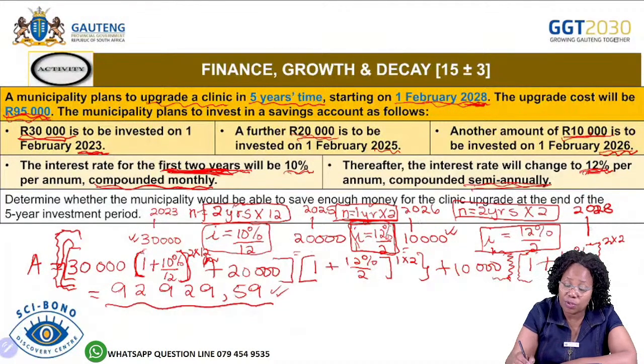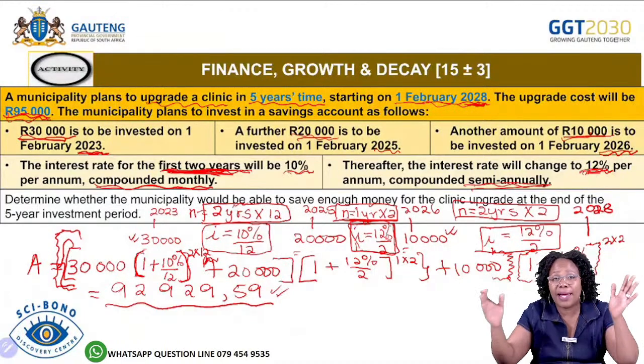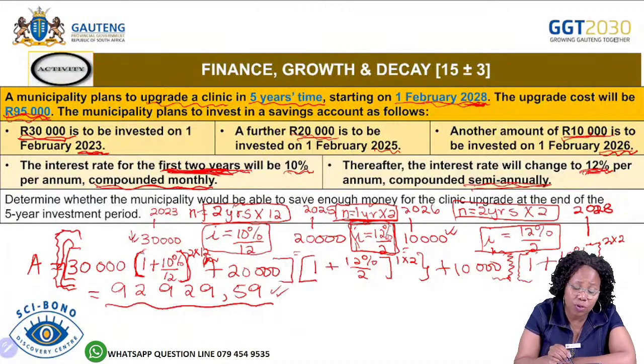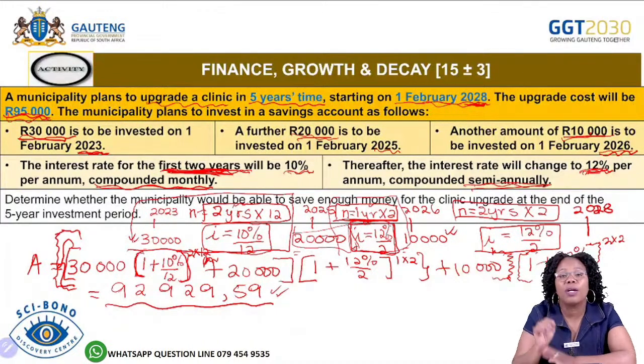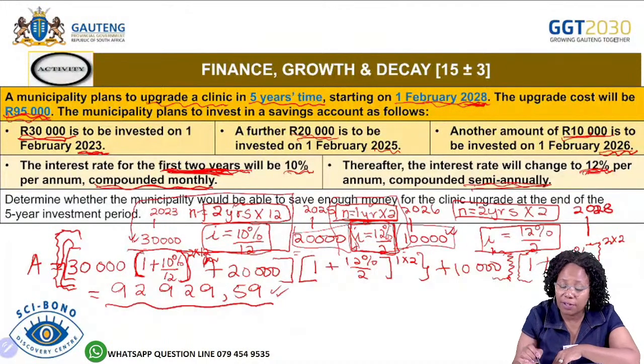Okay, that is the timeline. The easy way is to start by presenting your information on the number line, breaking it down with understanding, Grade 12. You are more than welcome also to calculate it partially. Take this part, find the answer. To the answer, add the 20,000 and then that amount is invested again for 1 year. Get the answer. After getting an answer, add the 10,000 and then that amount is invested for the last time for the 2 years remaining.